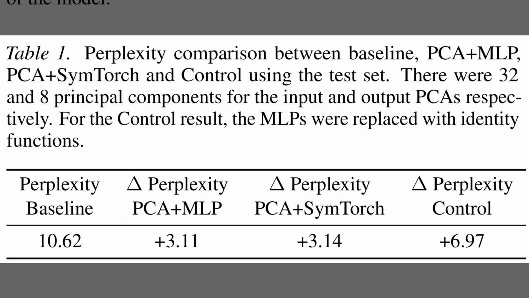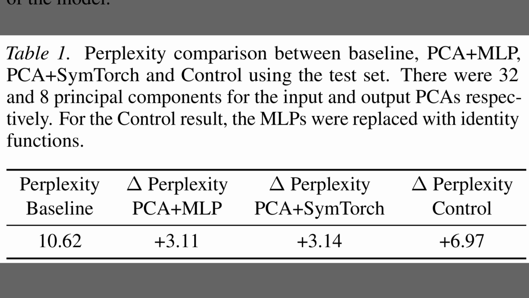Well, with the pipeline established, Table 1 now quantifies the impact on model performance using perplexity. The baseline model achieves a score of 10.62. First, look at the second column. Applying just the PCA compression increases perplexity by 3.11. Crucially, the next column shows that the full SymTorch implementation adds only 3.14.